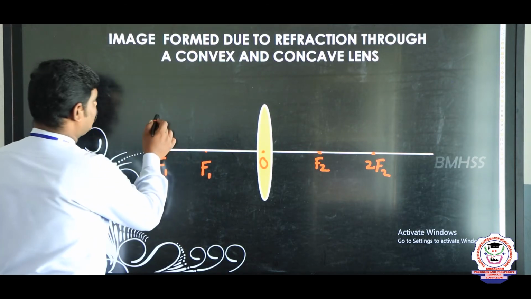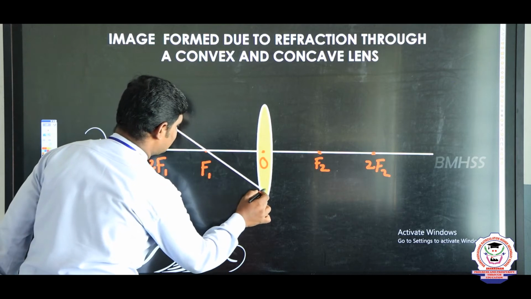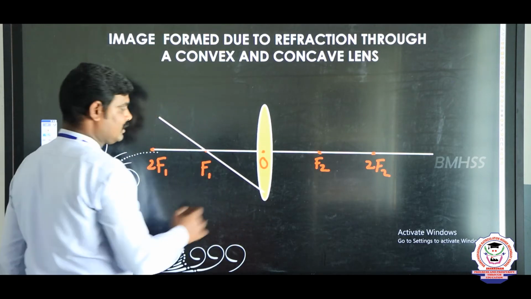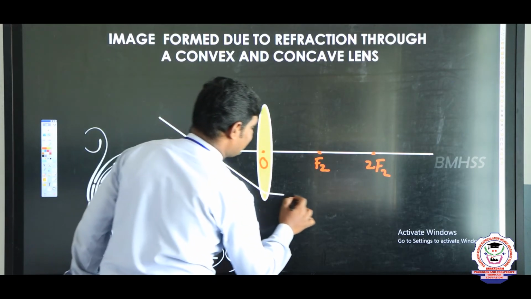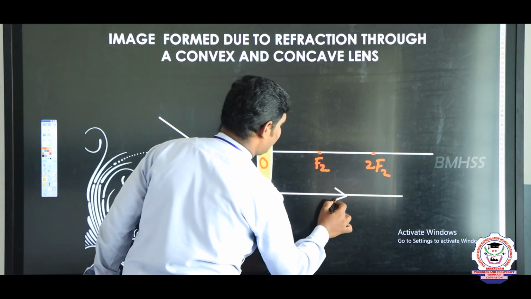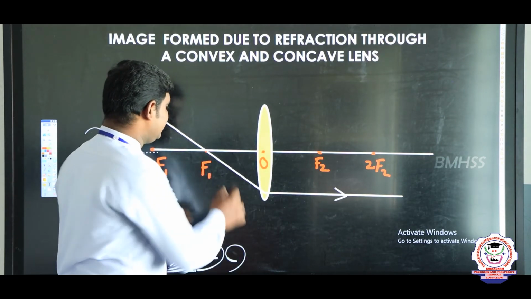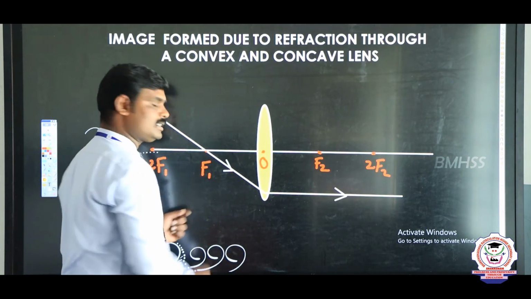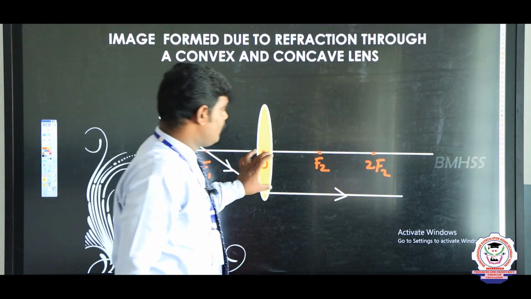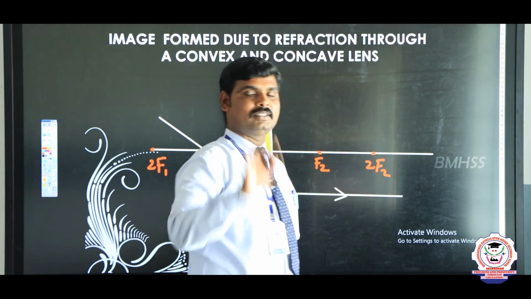So when light passes through the focus, after refraction we will get light parallel to the principal axis. This is rule number 3. This is the incident light passing through the focus, after refraction parallel to the principal axis. So this is rule number 3.